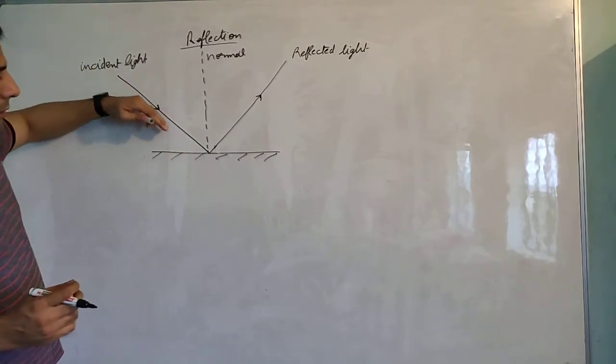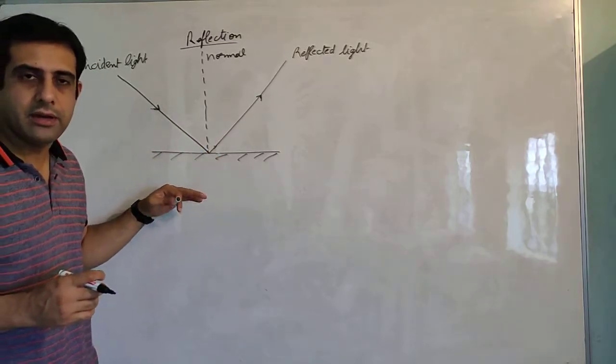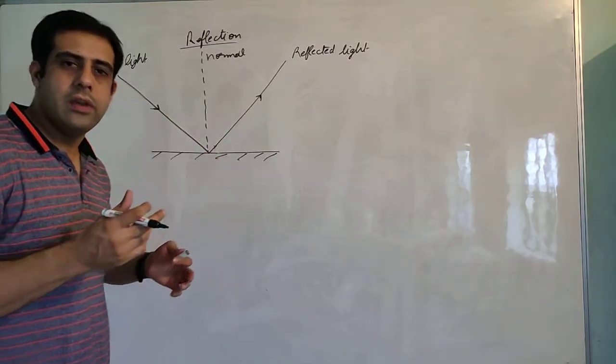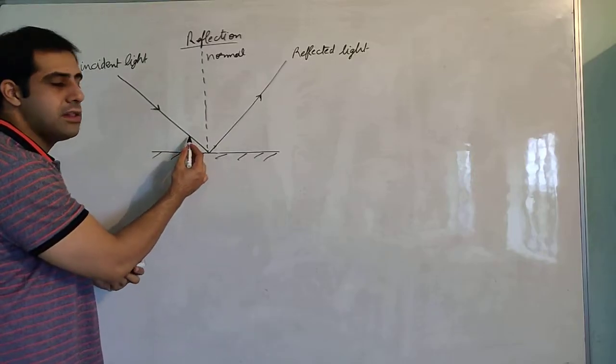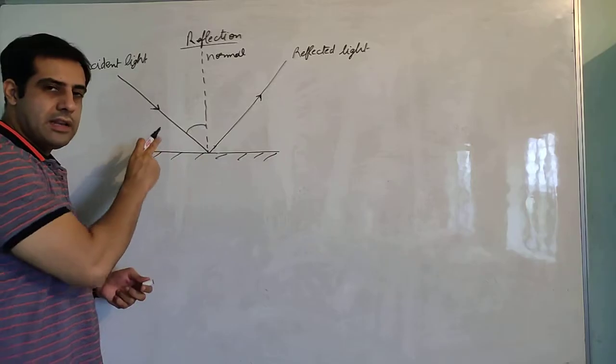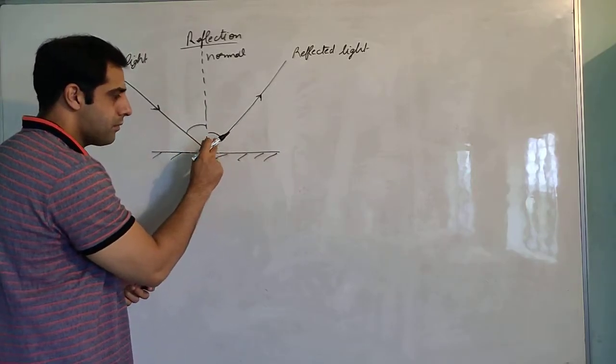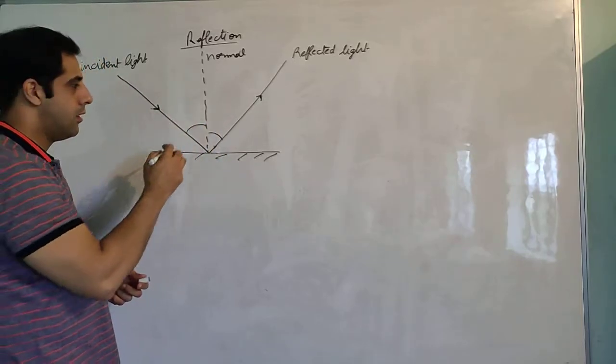The incident light is coming like this. So that means it is incident on the plane mirror at some angle. How do we measure the angle? We measure the angle with the help of the normal. So there will be one angle between the incident ray and normal, and there will be another angle between the reflected ray and normal.